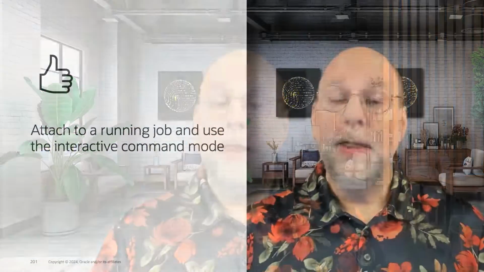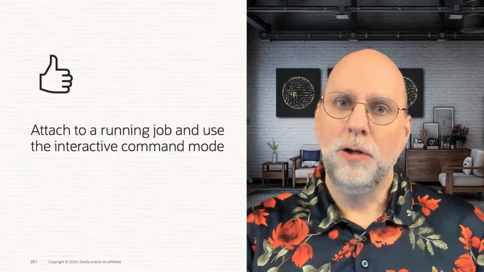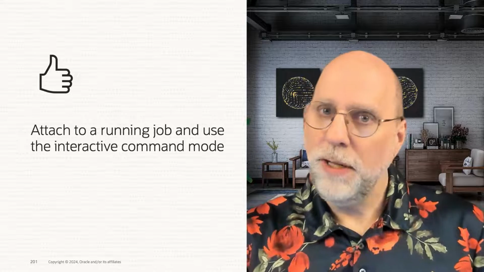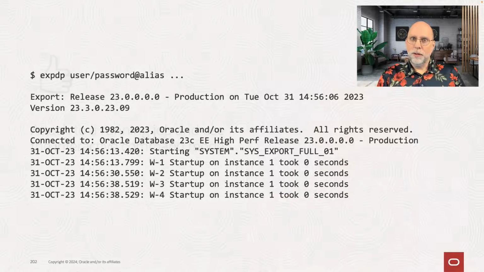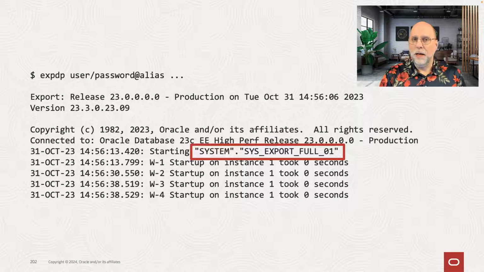First of all, with any Data Pump job, you can always attach to a running job to monitor it or even change the job characteristics. It's a pretty simple process. With an export or an import, when you start the job, you'll see the job name at the very beginning of the output. That name is actually the name of the control table for the job.